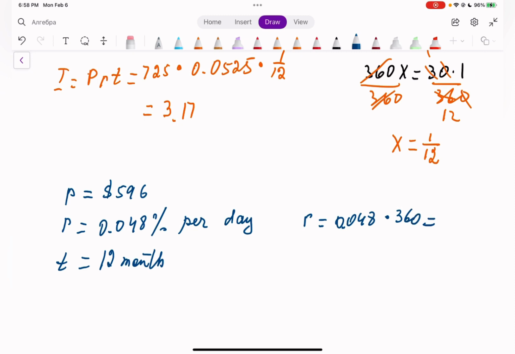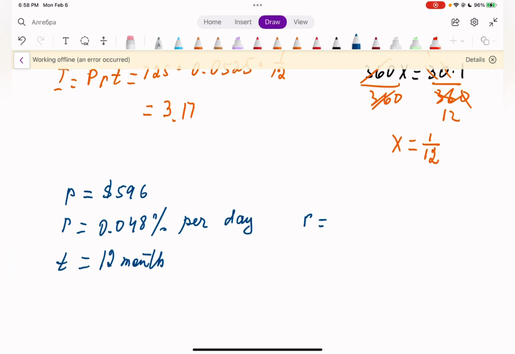Or you can convert 0.048 into decimal notation. One way or another, you have to convert. Okay, let's do it.